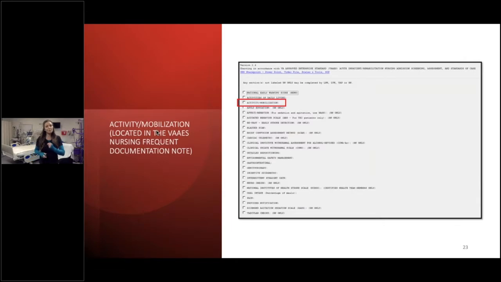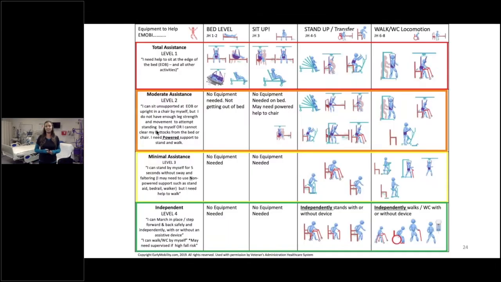There is an activity and mobility tab in there. And this is where you document what you actually did to achieve that mobility goal. So if the patient got up to the bathroom, you can write that they walked. If they were unsteady, you can write that they used a ceiling lift with an ambulation harness or a floor-based lift where the foot plate comes off. And that's where you show that you actually did the mobility for your patients.